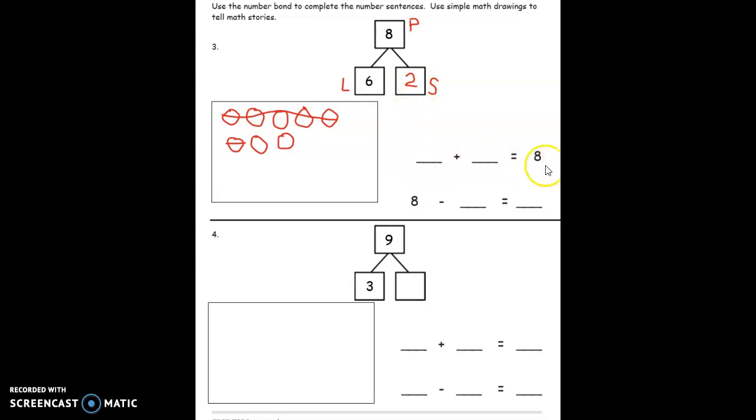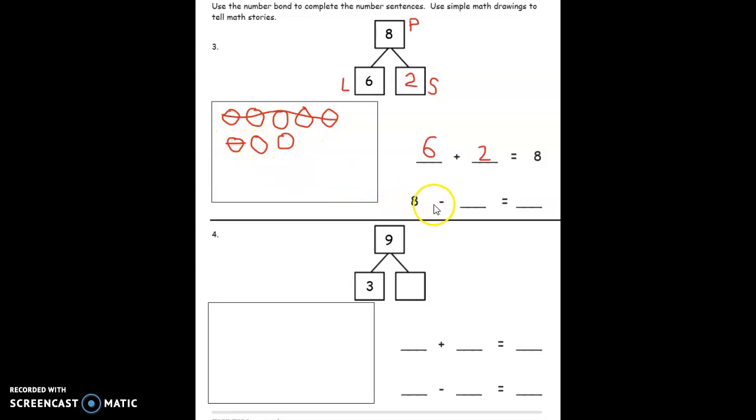What plus what equals 8? Use your number bond to help. 6 and 2. That equals 8. We got those numbers from right here. And also from right here, we crossed out 6 and had 2 left over.